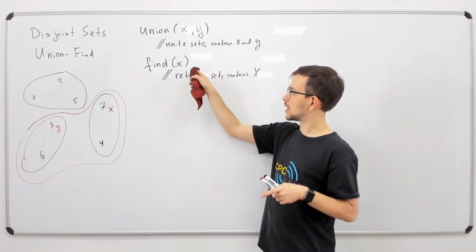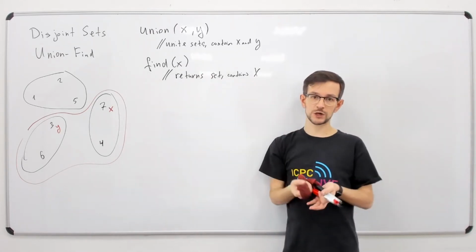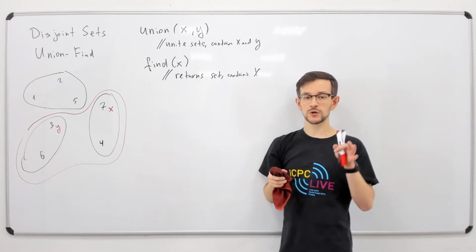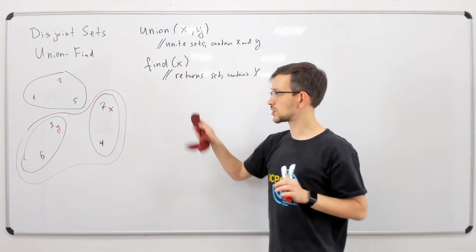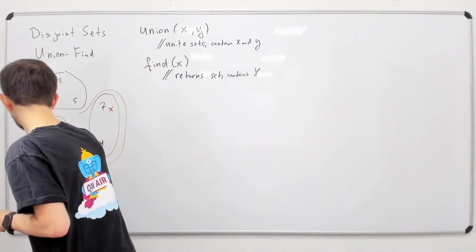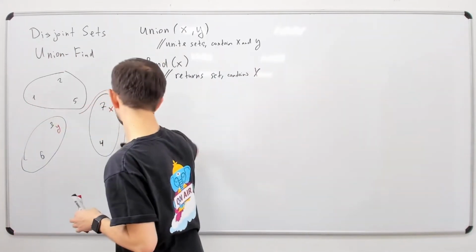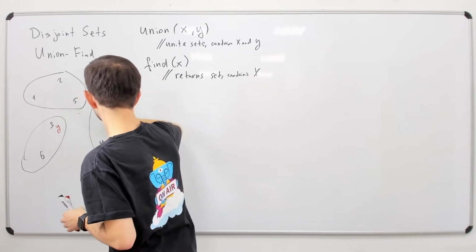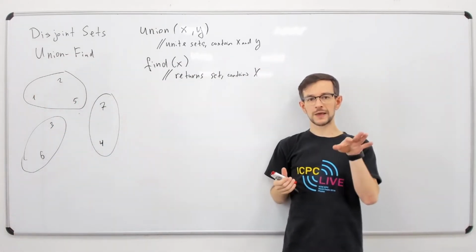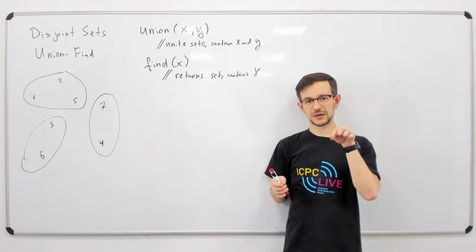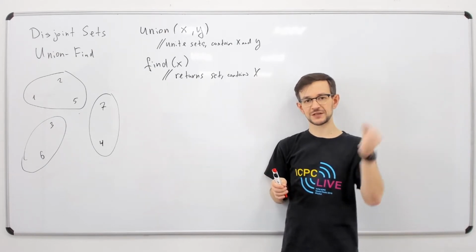Instead of returning the set which contains the given element, we will return one special element of this set. For each set, we will mark one element and say that this particular element is the representative of this set.